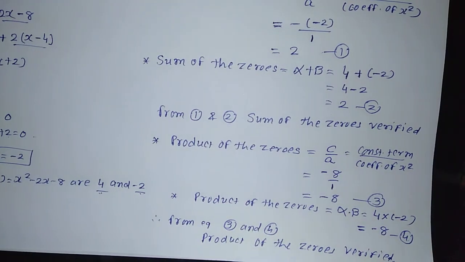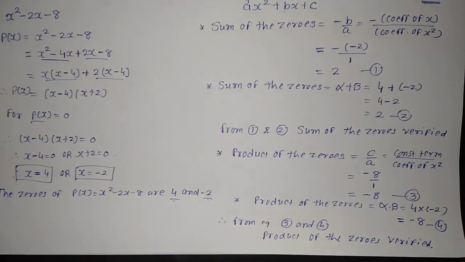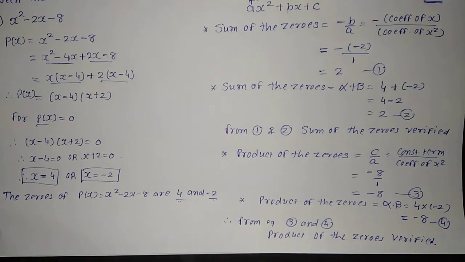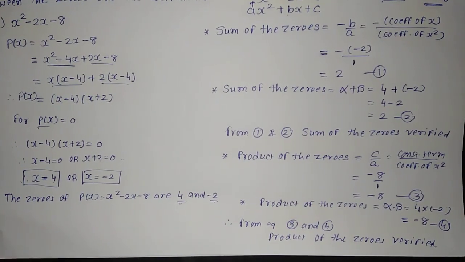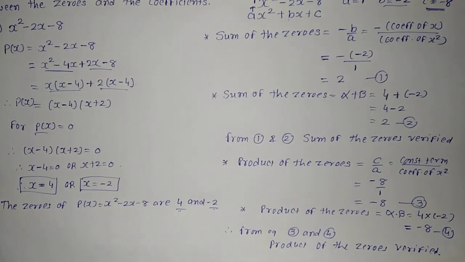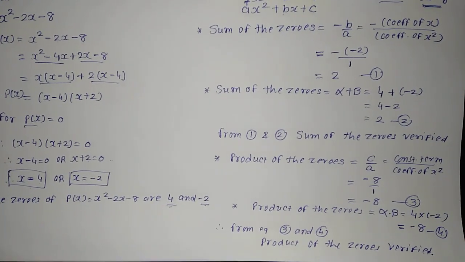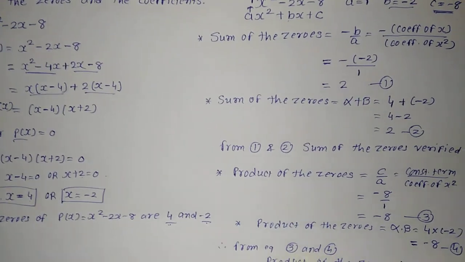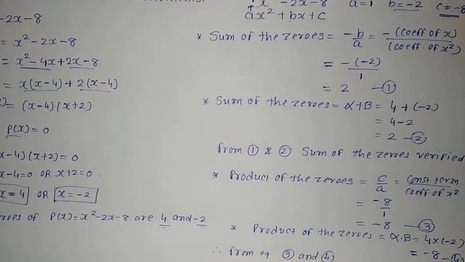So this way you have to verify the relationship between the zeros and the coefficients after finding the zeros. We'll find them first with the method of factorization, and after that you can put them in the formula, as well as simply do the summation and product of them, and verify the relation between the formula and the simple calculation. Thank you so much.